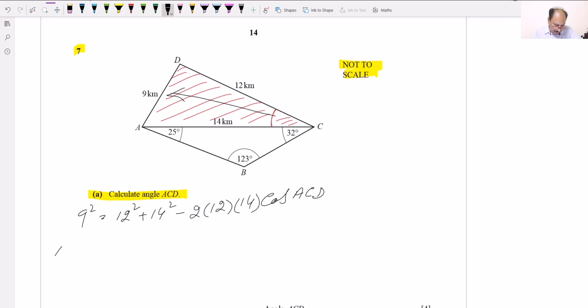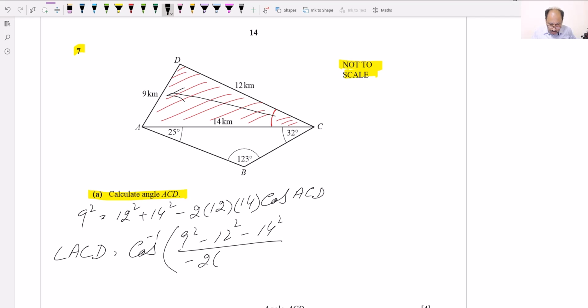So angle ACD will be equal to cos inverse of (9 squared minus 12 squared minus 14 squared) divided by minus 2 into 12 into 14, and bracket close.